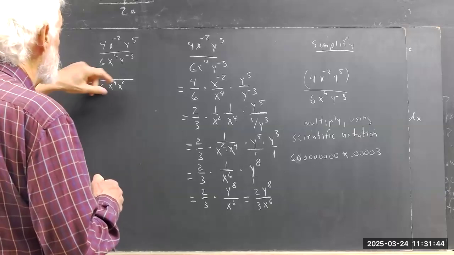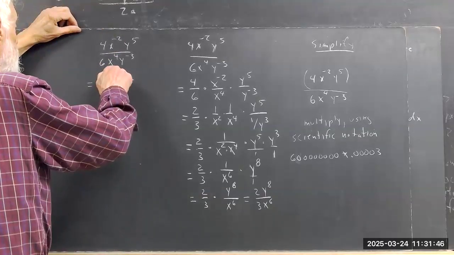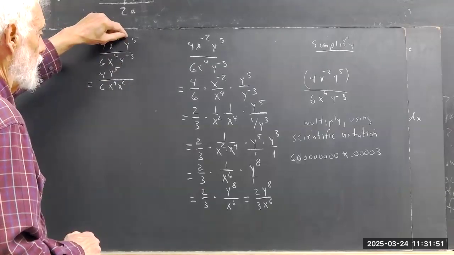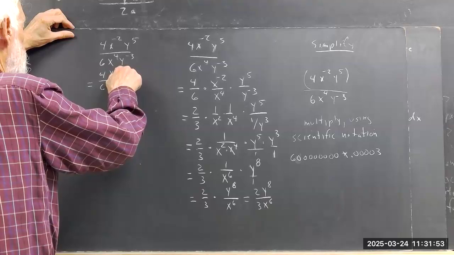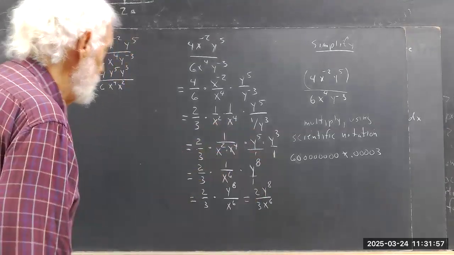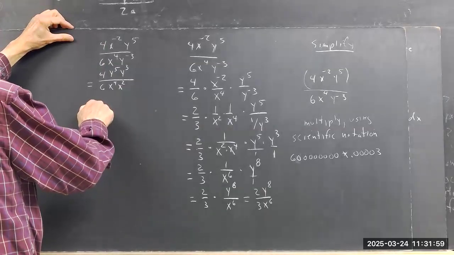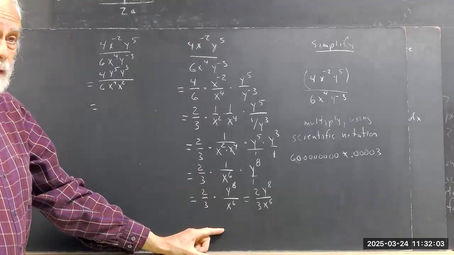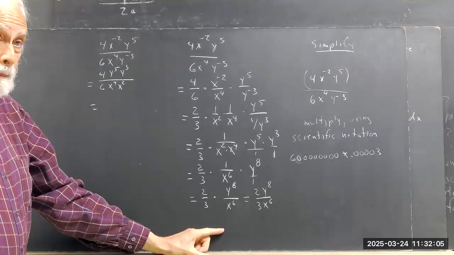Okay, then y to the fifth is still going to be there. But the y to the negative 3 in the denominator becomes a y to the third in the numerator. Why does it do that? Because of this rule. Now, ideally, you should be able to work it out like this and show why everything works.